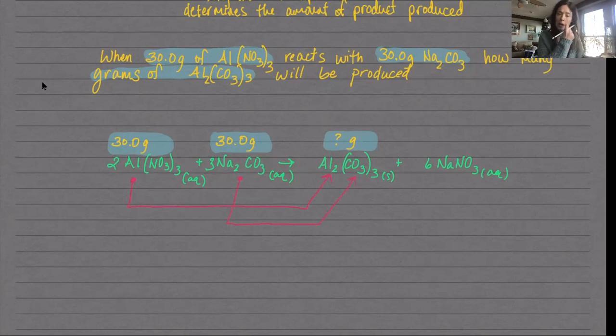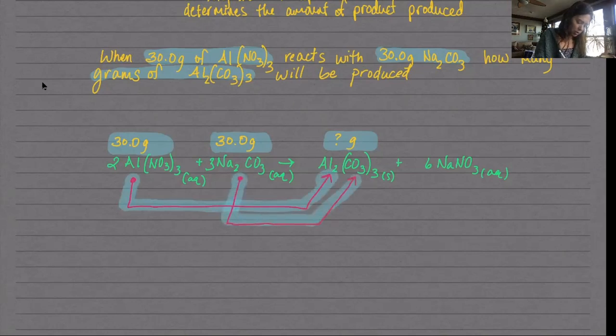All right. So essentially we're in the kitchen and we're saying we have enough of this reactant to make this many cookies, and we have enough of this ingredient to make this many cookies. Let's compare our answers to determine how many cookies we'll be able to make. And that, in fact, is the approach we are going to take in solving this problem.